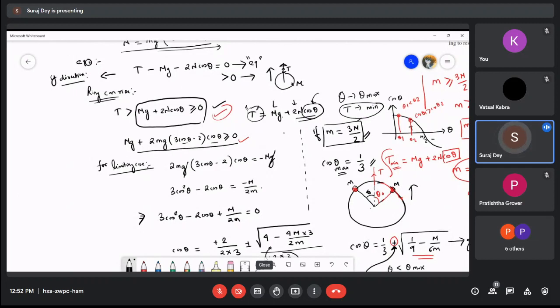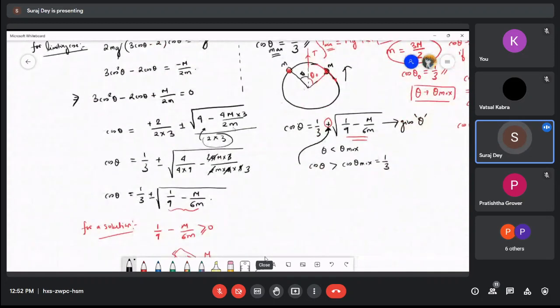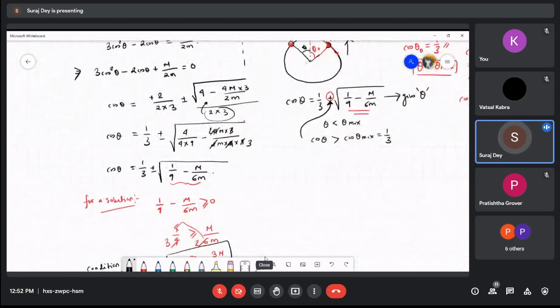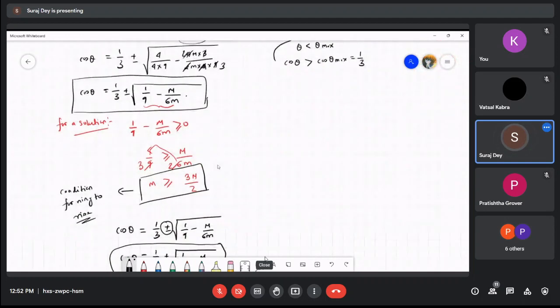This gave us this particular condition, and then you solve the limiting case. Fine, this is 0, so this becomes a quadratic, and then you find an expression of this kind. From there you can obtain the conditions under which a solution can exist, and this will be if the square root is positive. So this gives you the condition on this mass.